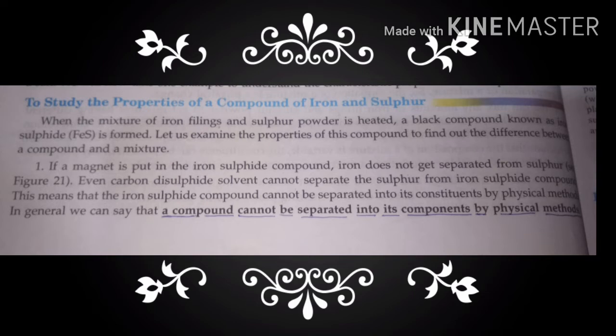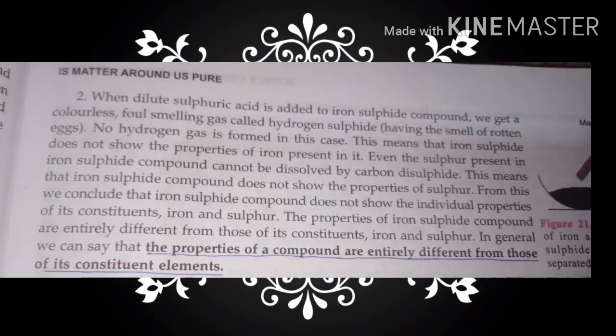Even the carbon disulfide solvent cannot separate the sulfur from the iron sulfide. This means the iron sulfide compound cannot be separated into its constituents by a physical method.